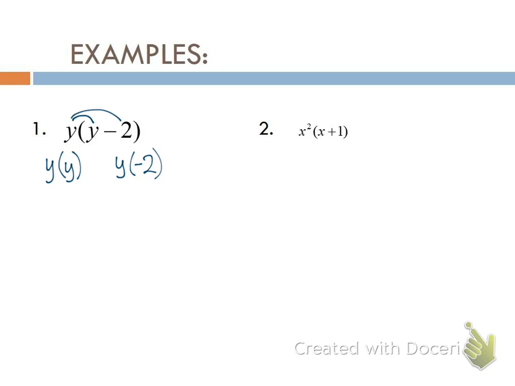So will it be y to the second power? Very good. Y times y is y squared. And what is y times -2? -2y. Okay, so this middle step here that I put, I'm not necessarily going to require to see that all the time, but that's what we're doing when we distribute.